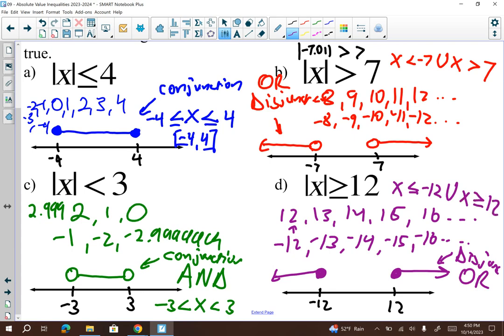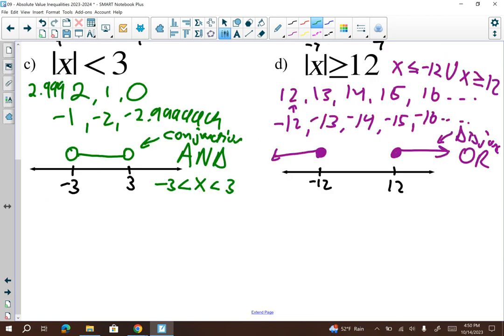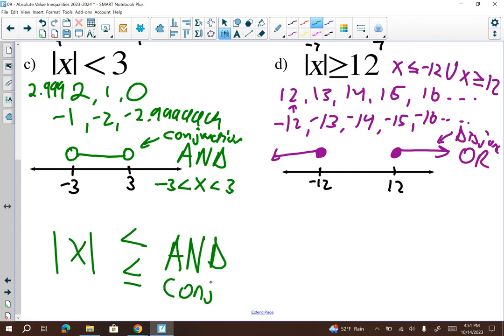Okay. What did you notice about the inequality symbols when we had an AND inequality? Both A and C wound up being AND inequalities, and that was when we had our less than symbols, or less than or equal to, with our absolute value on the left. Those are always going to give us an AND, or a conjunction structure of an inequality.